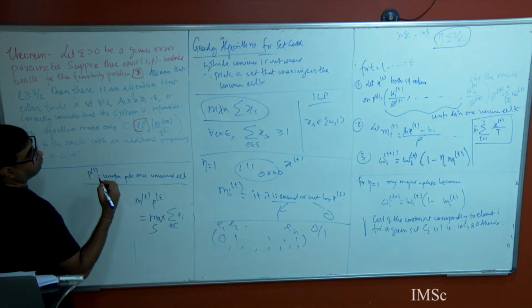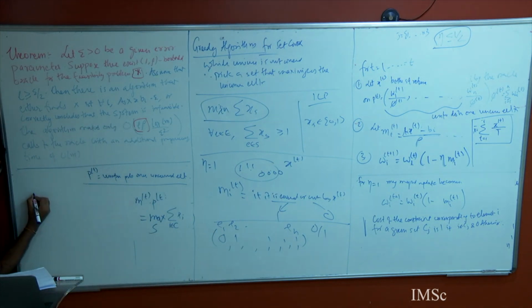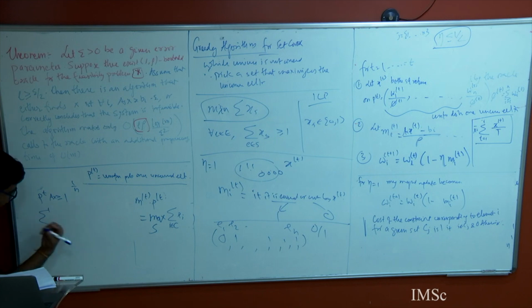Because what will the solution return by this? Now I have xt, so I have pt, and it should be greater than or equal to 1, right? What is pt? It is 1 over n at this point of time. So what does this imply? It implies, if we look at it correctly, that p of s, x of s should be greater than or equal to 1, right?